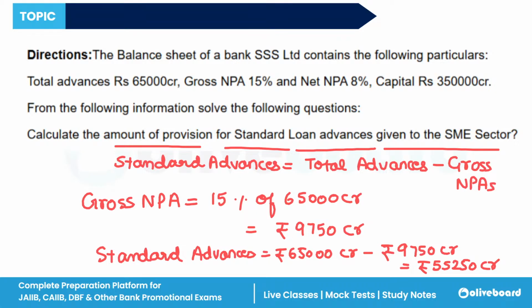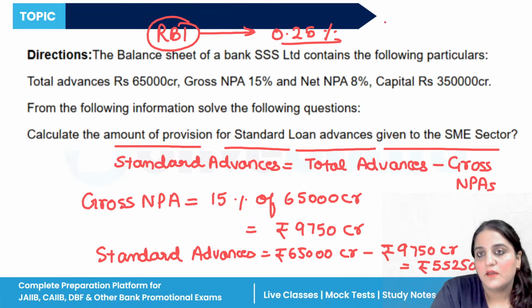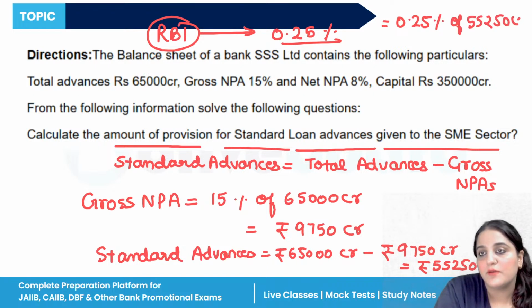Now, as per the RBI norms, provisioning for the standard loans to SME sector is 0.25%. So simple, just calculate here 0.25% of 55,250 crore.